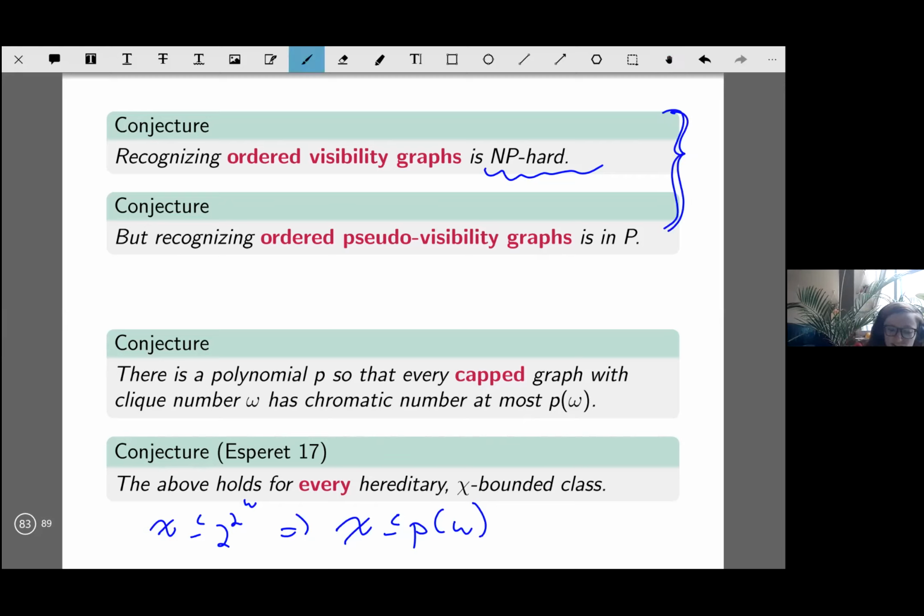I've checked the papers that cite the survey paper, where the problem is whether or not recognizing ordered visibility graphs is in NP. And I didn't see anything there, but maybe you could get something about it. This existential-R is a complexity class.